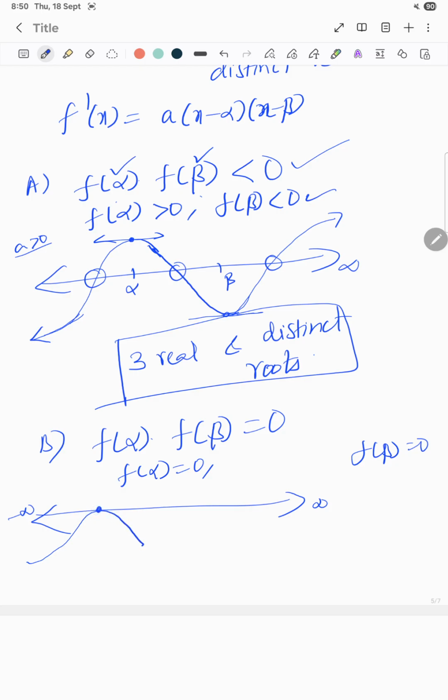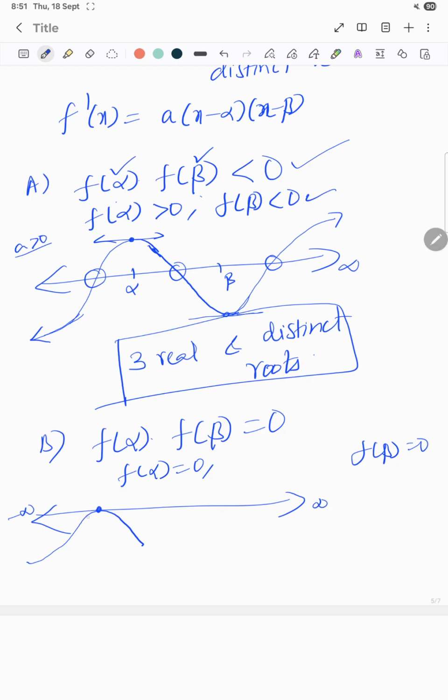So f of alpha is 0 means f dash of alpha is 0 as well as f of alpha is 0. Alpha is a root of f of x also.